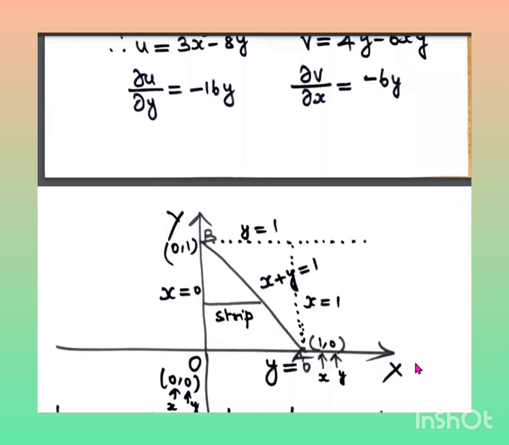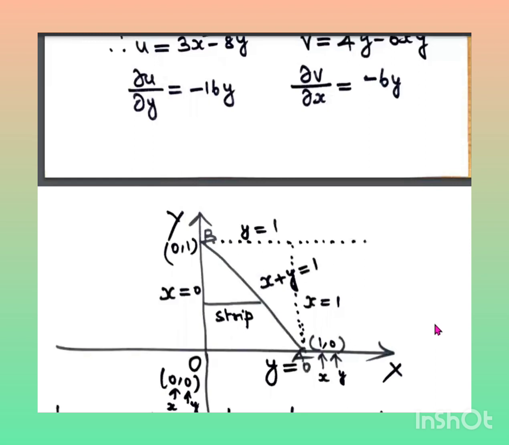Next you have to draw the diagram or figure using the region given in the problem: x equal to 0, y equal to 0, x plus y is equal to 1. In x plus y equal to 1, if you substitute x equal to 0, you get y equal to 1.